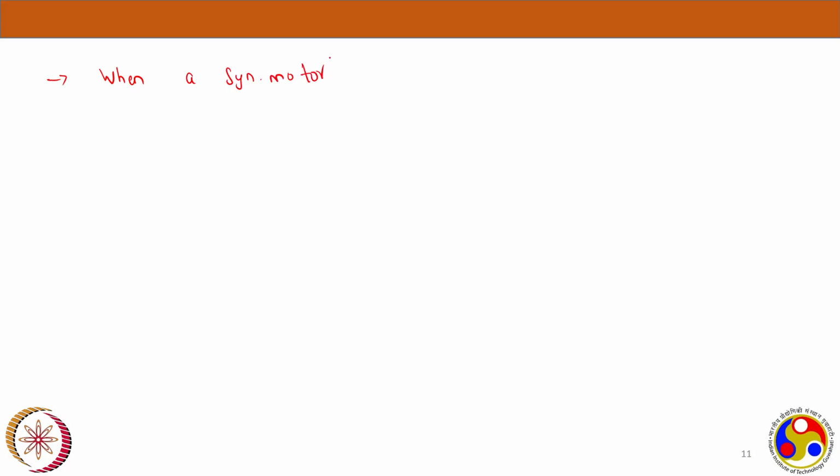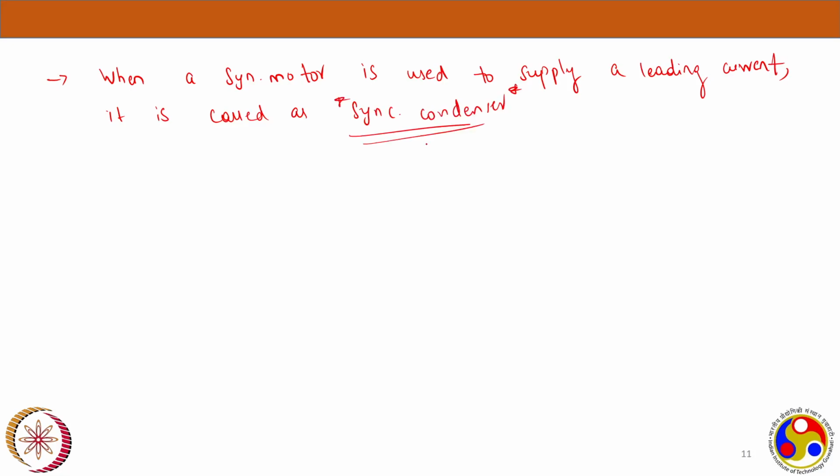When a synchronous motor is used to supply a leading current, it is called a synchronous condenser. This is a most commonly used term in power systems.